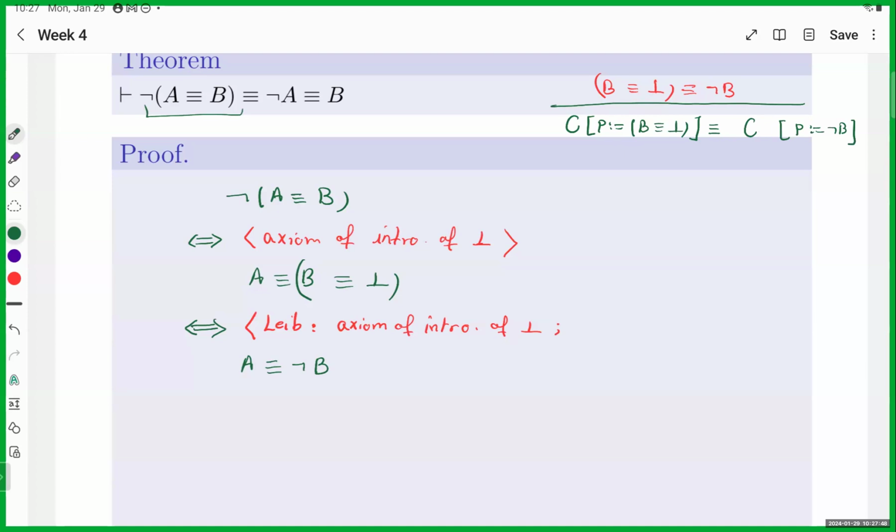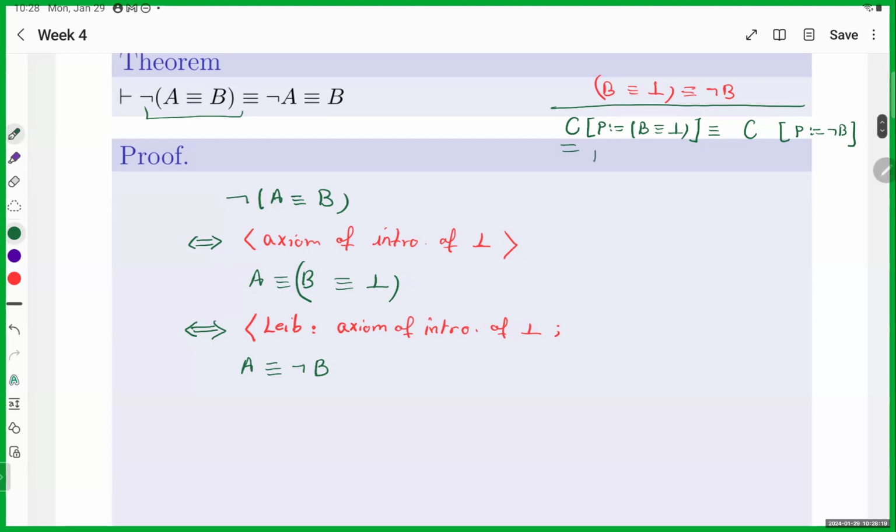Now, here exactly what is my C? Leibniz tells me I can do it for any C. Now I'm applying it for a specific C. What is the C of the formula exactly? It's equivalent to what? A is equivalent to A? Now, it's not A is equivalent to C. You're replacing P. You want P somewhere there. A is exactly, A is equivalent to P, right?